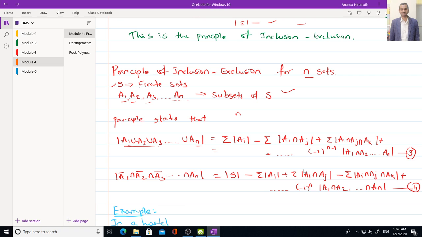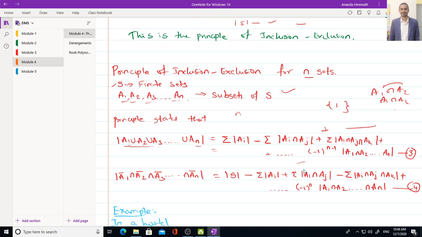It means that we take only a single set at a time, then minus the summation of the number of elements of Ai intersection Aj. It means that we take two sets at a time, maybe A1 intersection A2, then A1 intersection A3 and so on, all combinations of 2, next plus combinations of 3, minus, plus.